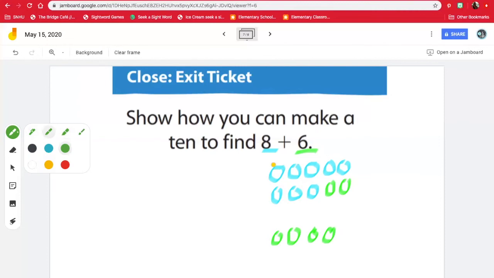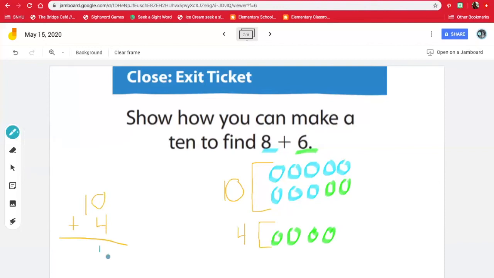All right, now let's solve. So we made 1 ten, which is what we needed to do. So we have 10 and 1, 2, 3, 4 left over. So we need to add 10 plus 4. I know 0 and 4 make 4.